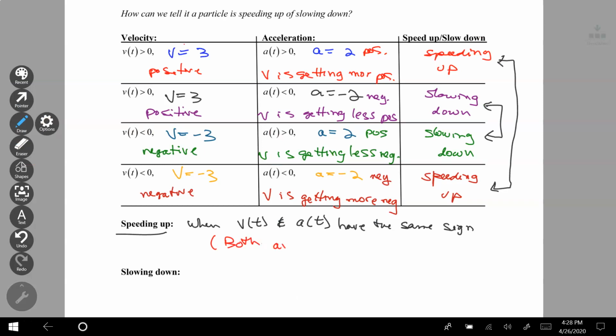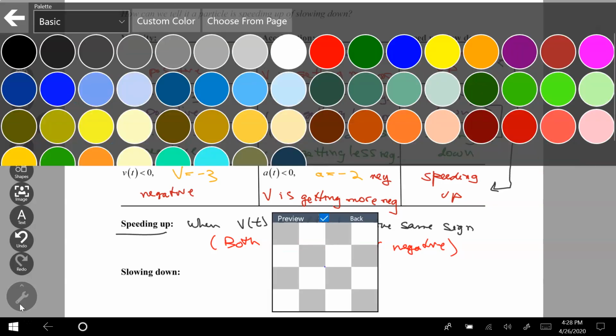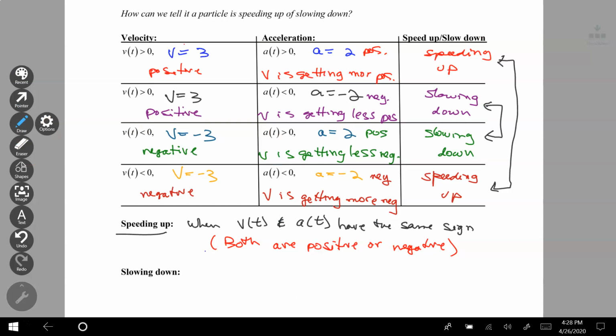Both are either positive or negative, as opposed to when things are slowing down, when V and A have opposite signs.